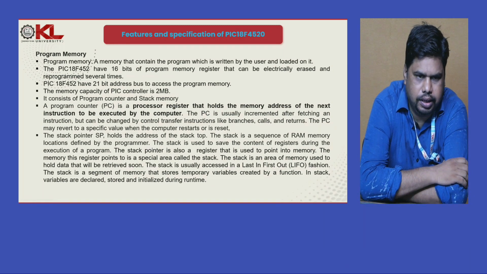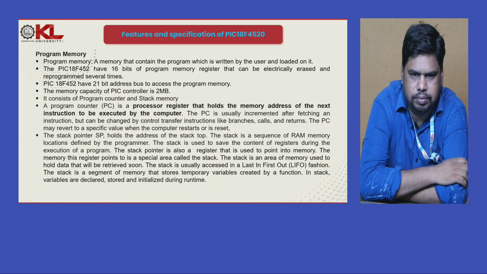What about the working of stack memory and the stack pointer? The stack pointer holds the address of the stack top. The stack is a sequence of RAM memory locations defined by the programmer. The stack is used to save the content of registers during the execution of a program. The stack pointer is also a register that is used to point into memory, in a special area we call the stack.